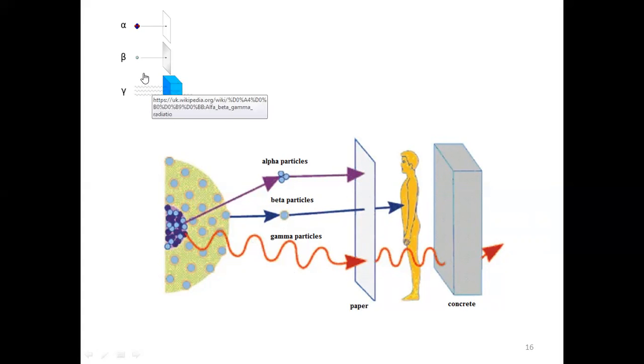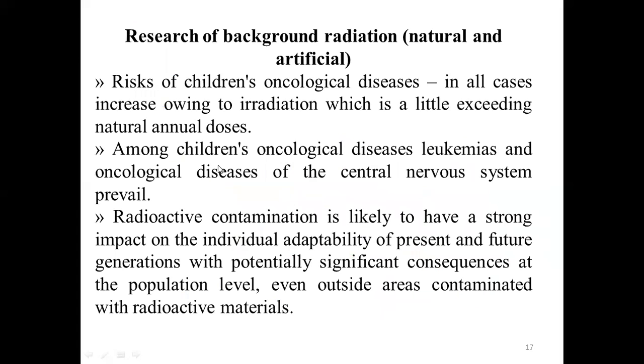Beta radiation can penetrate through paper, but can be stopped by lead and concrete. And gamma radiation we can stop only with a very thick layer of concrete, hydrocarbons, and water containers.